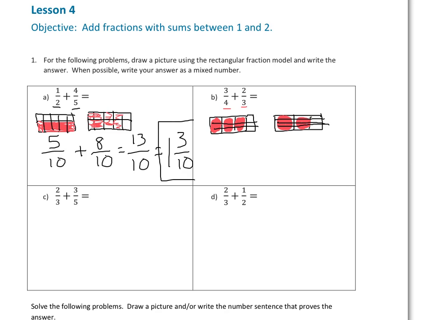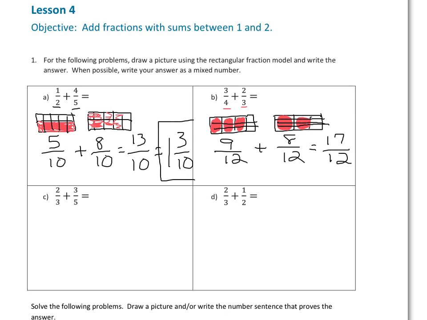Now looking at what was 3/4, and now it's split into 12 pieces, I see that 9 out of 12 of them are shaded in, plus the rectangular fraction model that was originally 2/3, I see that 8/12 are added together. 9 plus 8 equals 17 over 12.